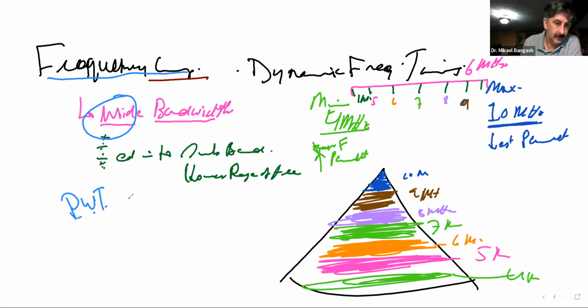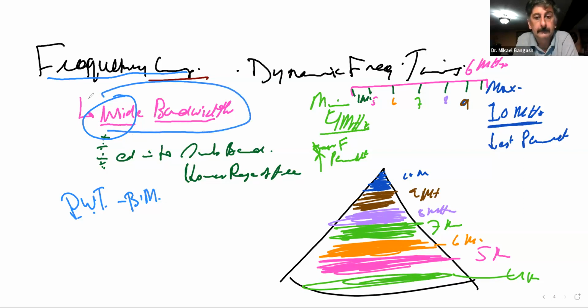Because the pulse wave transducer is the transducer that has backing material. And what we already know is that one of the consequences of backing material was that it gives a high bandwidth.